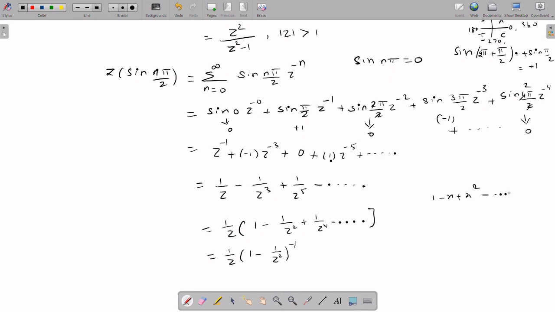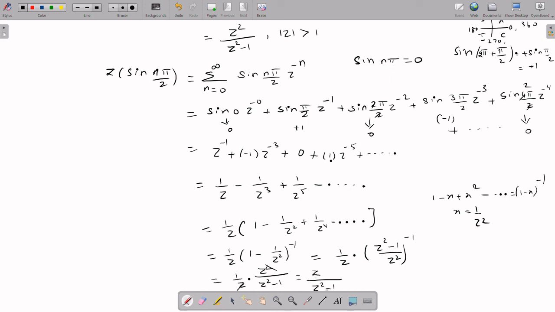Now you have (1 minus x) whole power minus 1, and x here is 1 by z squared, which is equal to 1 by z into (z squared minus 1 divided by z squared) whole power minus 1, or otherwise, 1 by z into z squared by z squared minus 1, and this z gets cancelled. So the final answer is z by z squared minus 1.